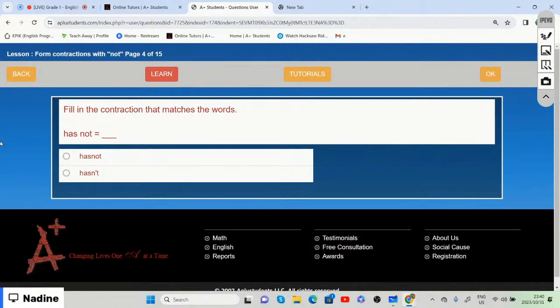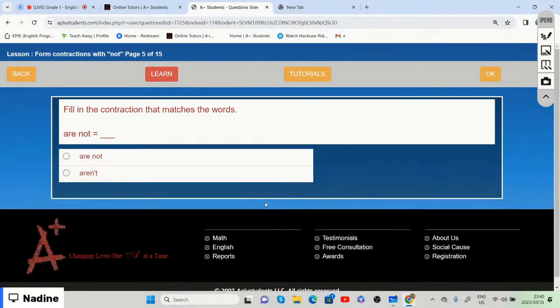All right, so if we fill in the correct contraction, then yes, we can say hasn't, which is the second option. And hasn't is correct. So well done.